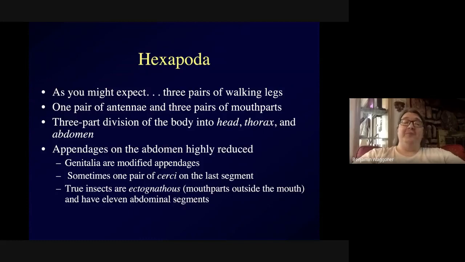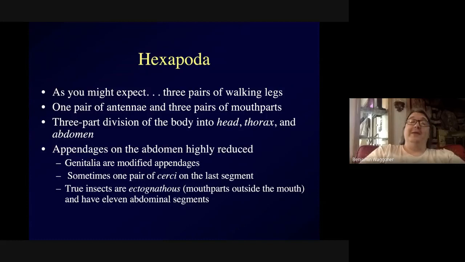As you might expect, hexapods have 3 pairs of walking legs. Hexapoda just means 6 legs in Greek. There's 1 pair of antennae. There's 3 pairs of mouth parts. And the tagmosis system is a body divided into a head, a thorax, and an abdomen. And appendages on the abdomen are highly reduced.